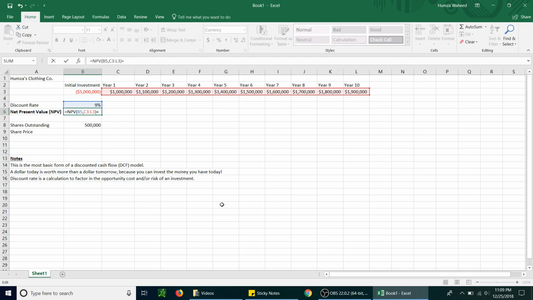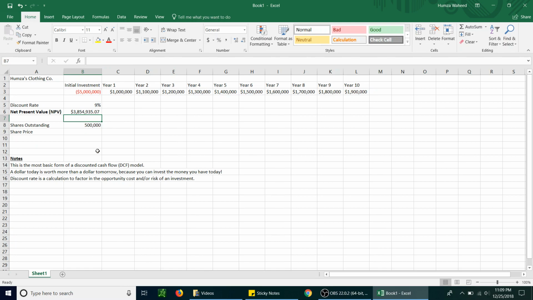We add that initial investment to it since we do not want to discount that initial investment. Since that's in year zero or at the starting point, it's not discounted. So you just add that first and then have your net present value function, and that'll just be your basic net present value. It's a pretty simple function, a pretty basic calculation here.